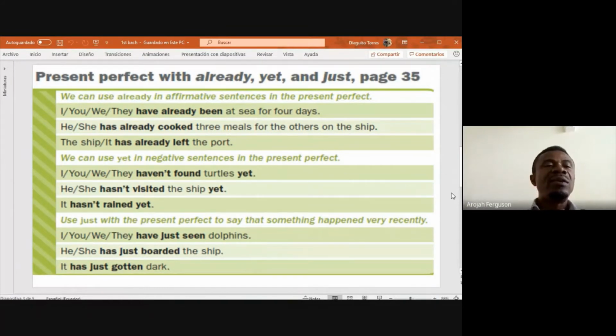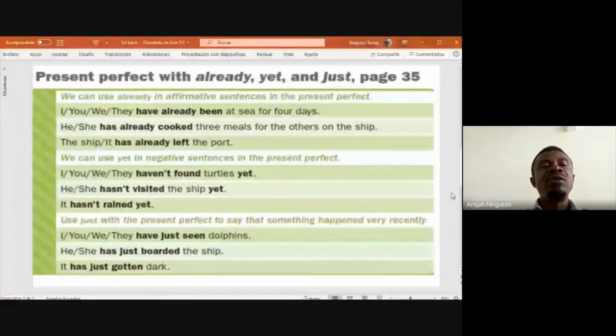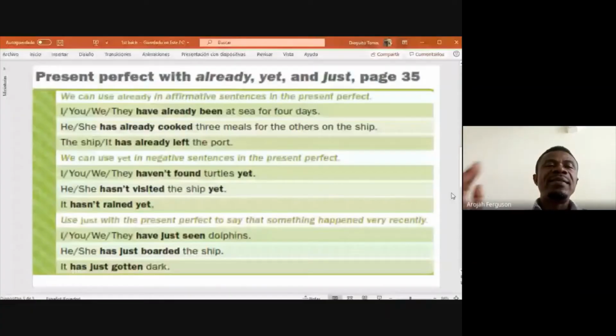Students, notice one thing here. You realize that I is singular, purely singular. You can be used for singular or plural, depending on how you use it. Then we and they are purely plural. After using the word already, the verb that comes is always in the past.